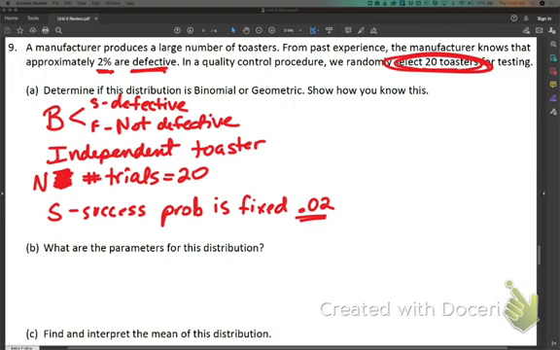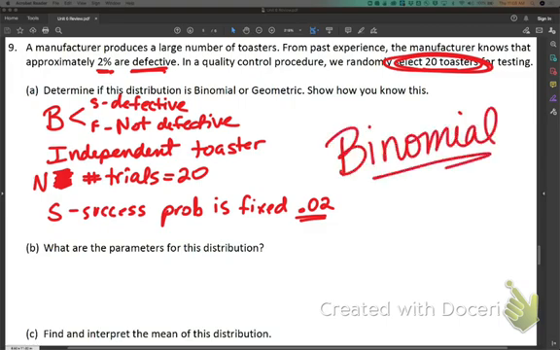Looks like, guys, this is binomial. The determining factor was right here, whether or not we had a set number of trials or whether or not we had trials until success.